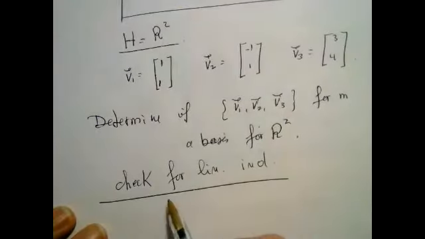Now, are the vectors v1, v2, v3 linearly independent, yes or no? Back to you. Are they linearly independent? Okay, I'm having a yes. We're in trouble.